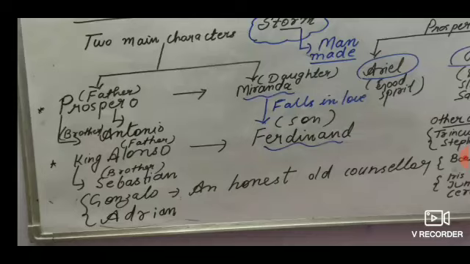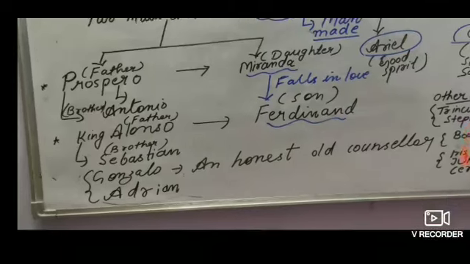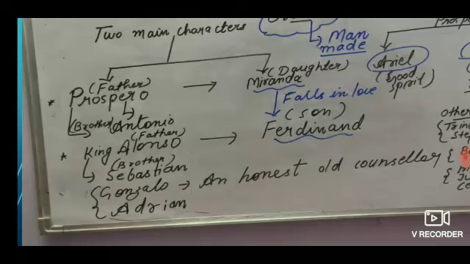And Miranda at that time was only 3 years old. She was very young. So Prospero was sent out, and in this conspiracy of Antonio, who all were involved? You can see below Antonio I have written King Olenzo and Sebastian. King Olenzo was the king of Naples, and Sebastian was King Olenzo's brother.